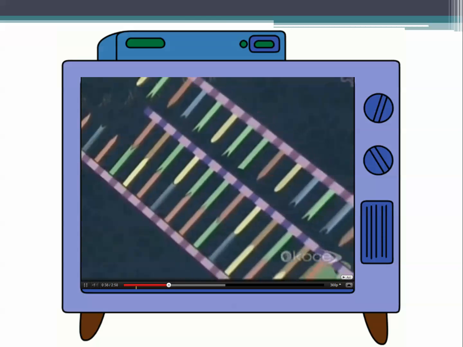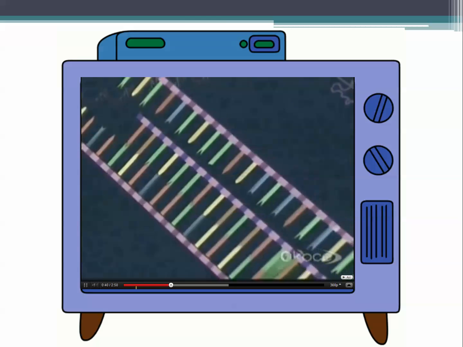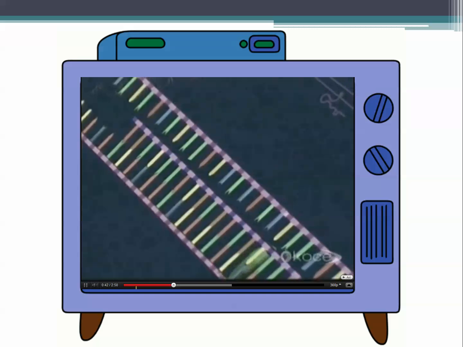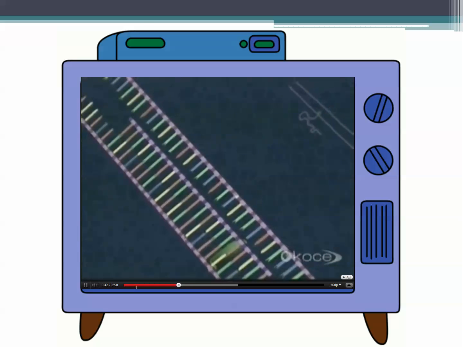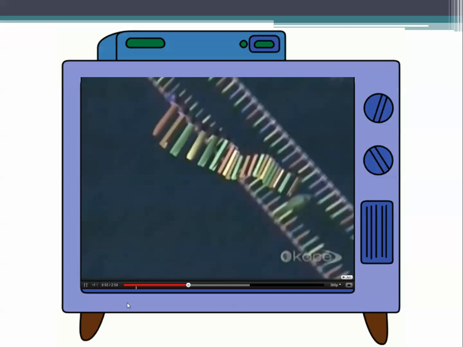The exposed bases of the DNA strand serve as a model for the construction of messenger, or mRNA. On other strands, the cell produces transfer, or tRNA, and ribosomal, or rRNA. In their final form, these molecules play a vital role in protein synthesis.